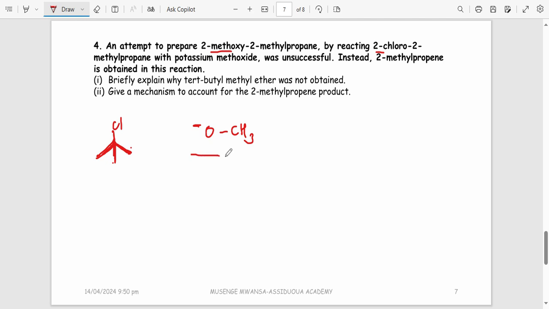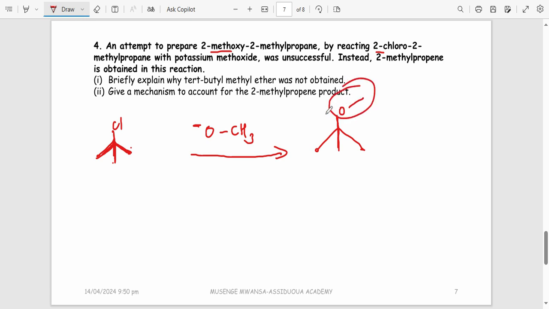Now, the product that we are trying to get was supposed to be 2-methoxy-2-methylpropane, so 1, 2, 3. At carbon number 2 we are supposed to have a methoxy, and then 2-methylpropane.